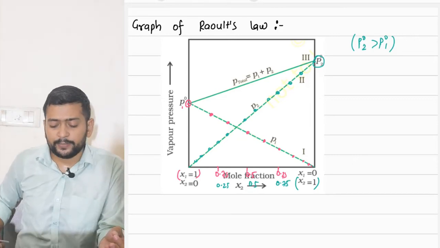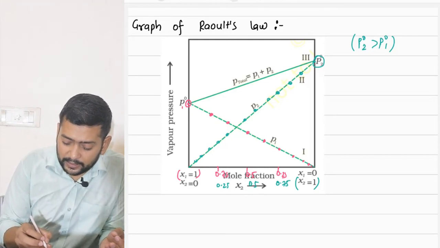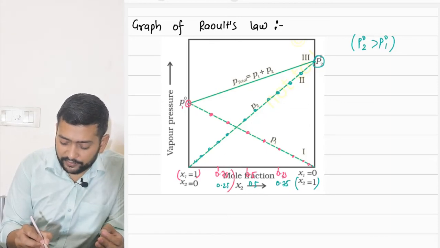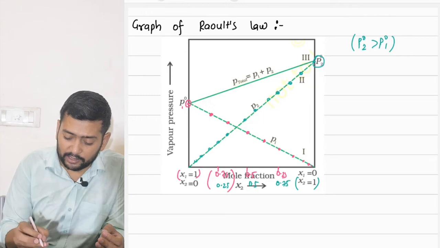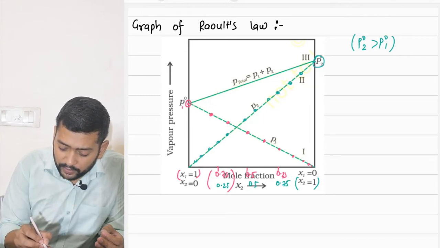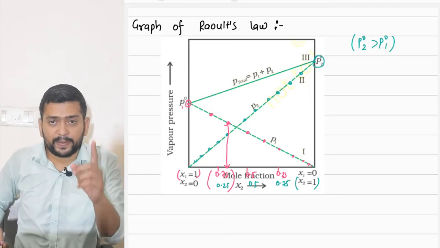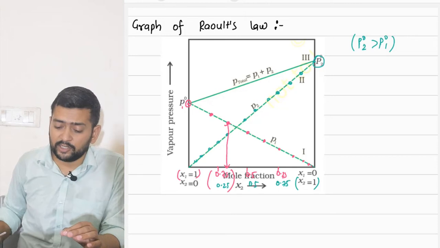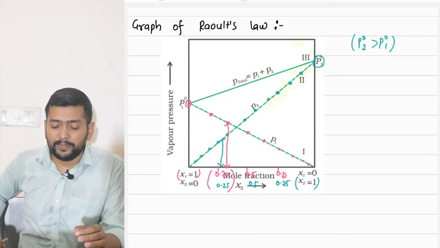Next important point is that if I add at this particular point, you can observe the first component mole fraction was 0.75, so at this point the value of P1 is this one, the pink color line which you can see over here. For the second component the mole fraction is 0.25, so here the value of P2 will be equal to this one.